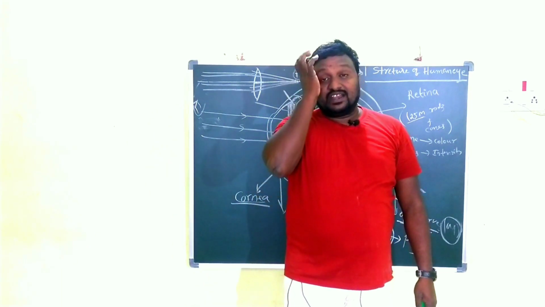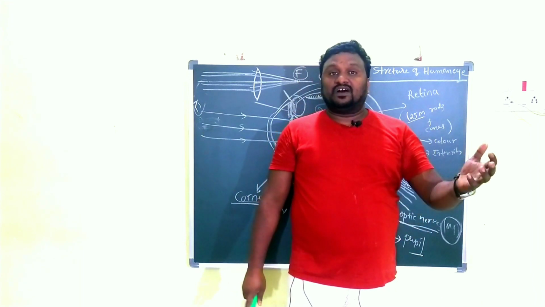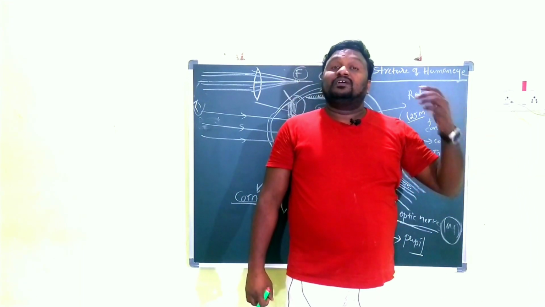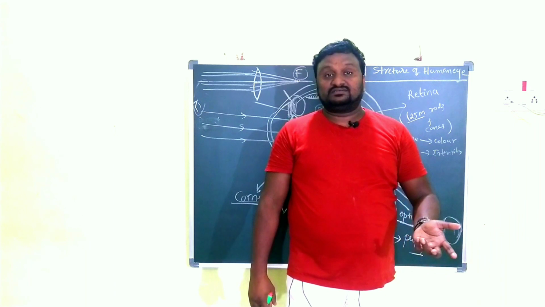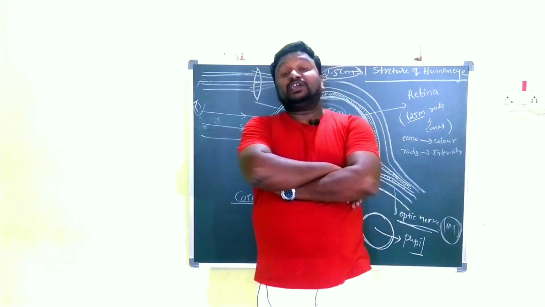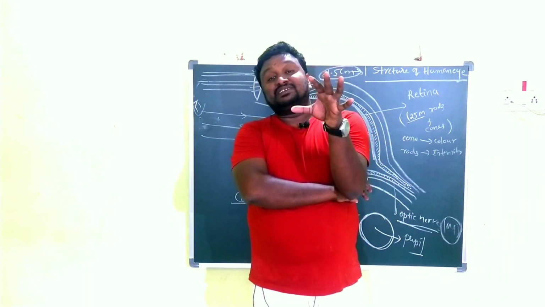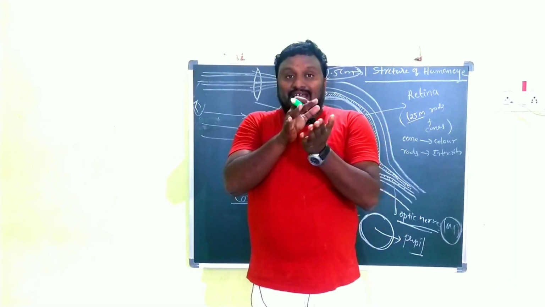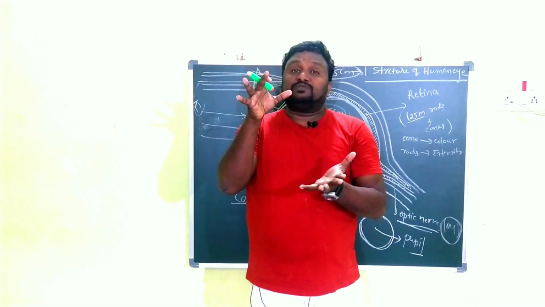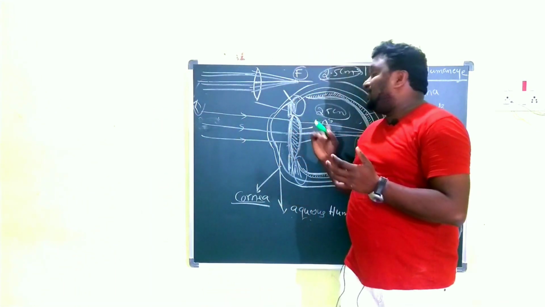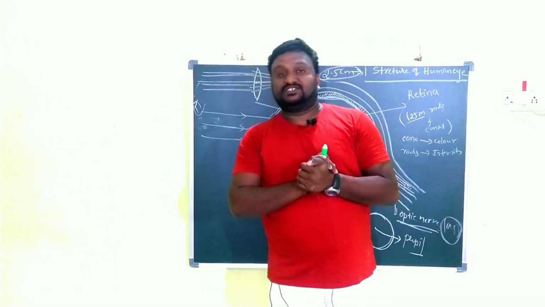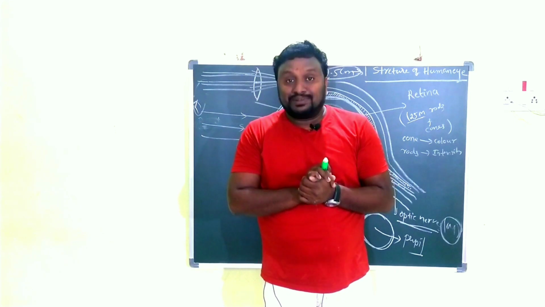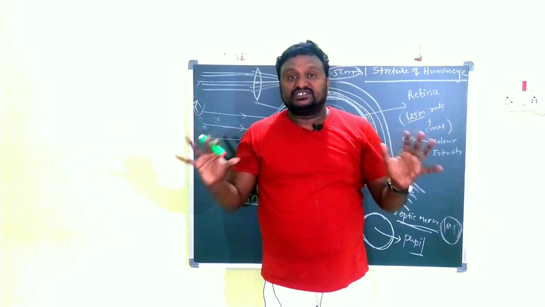When the object is at a very long distance, these are simply very relaxed. When the object is very close to the eye, these ciliary muscles get strained. Due to the contraction and expansion of ciliary muscles, the focal length of the eye lens changes. That phenomenon is what we call accommodation.